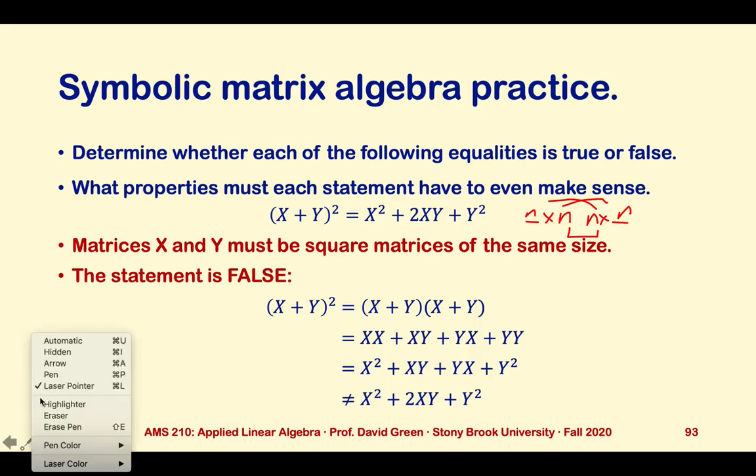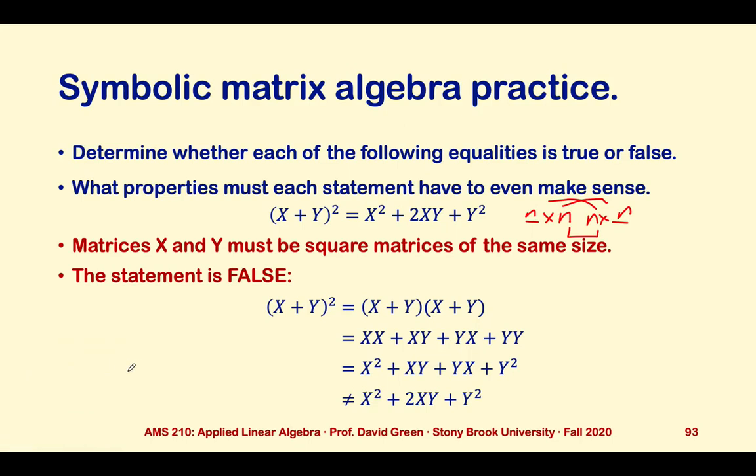For matrices, matrix multiplication is generally not commutative. X y, as a general rule, is not equal to y x. There are some pairs of matrices where this is true, but it is not generally true for arbitrary matrices.